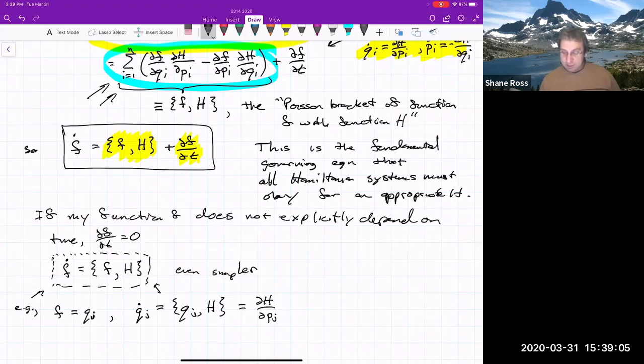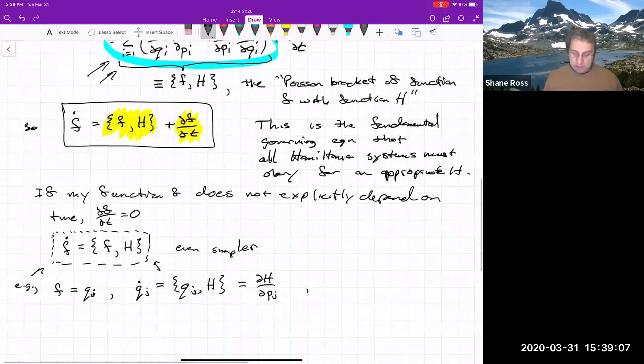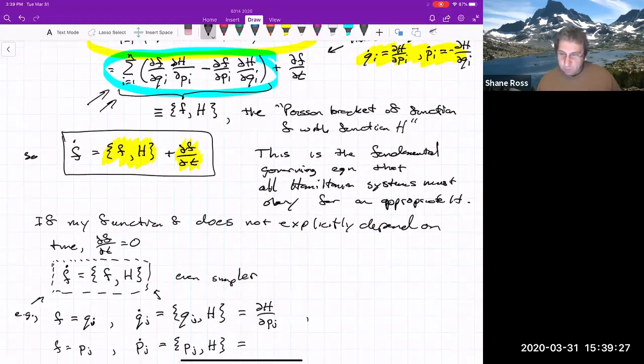And that makes sense. If we did the same thing for f equals pj, we would find that pj dot is the bracket of pj with h, and it would pick out another term. It would come from this side over here, partial f, partial pj equaling 1, but we've got that minus sign times partial h, partial qj.